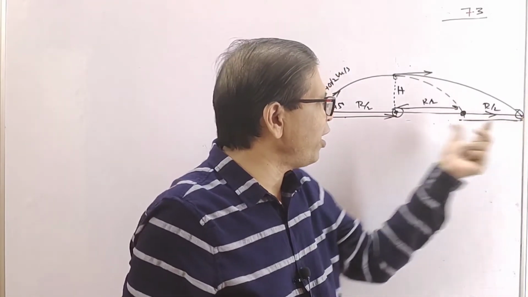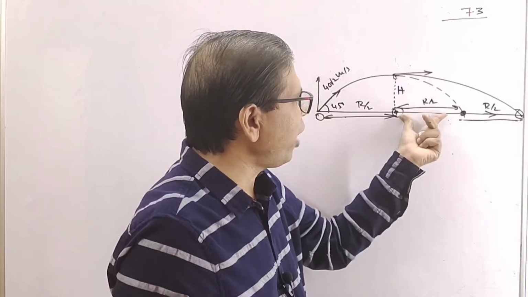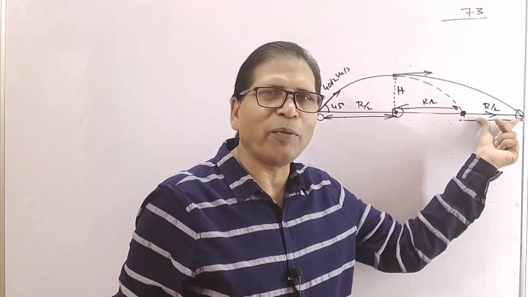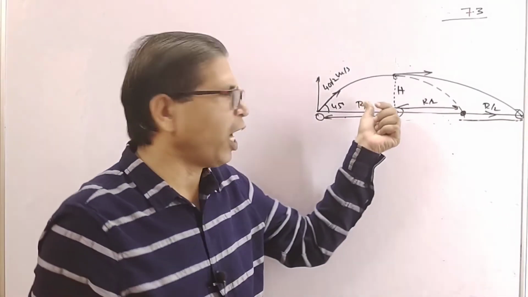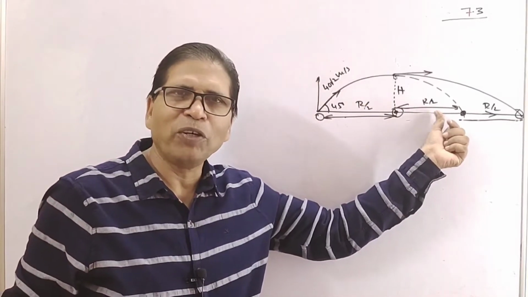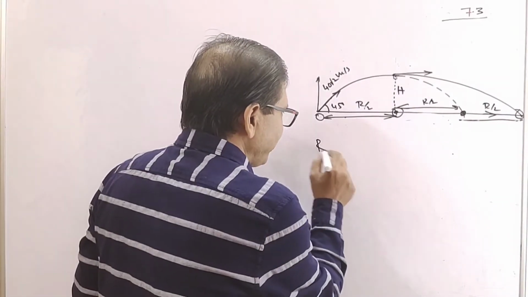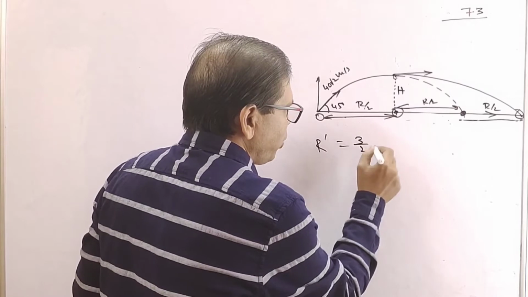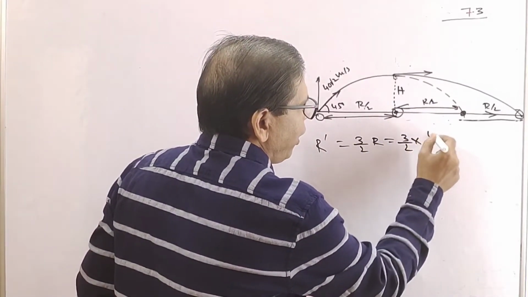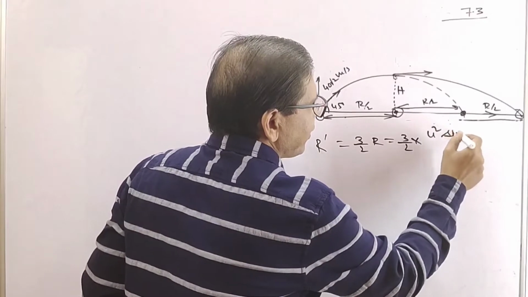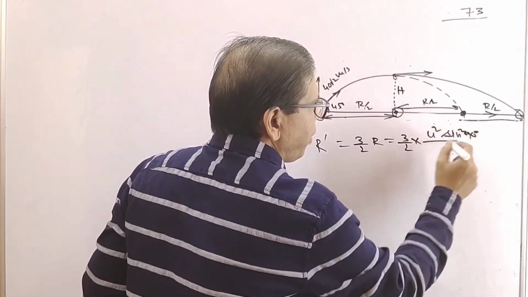As the masses are equal, this distance equals this distance. If this is r by 2, so this is also r by 2. So the distance of this particle from this position is r by 2 plus r by 2 plus r by 2. So this is 3r by 2. So look at this, r dash equals 3 by 2 r. Look at this, this is 3 by 2, r is u square sine square 90 degree divided by g.